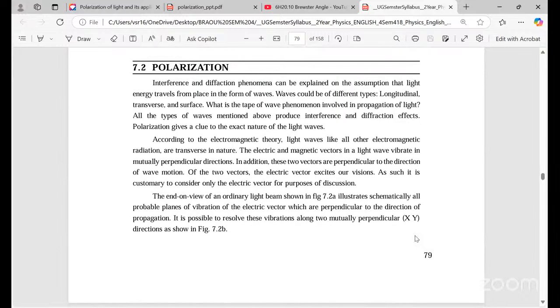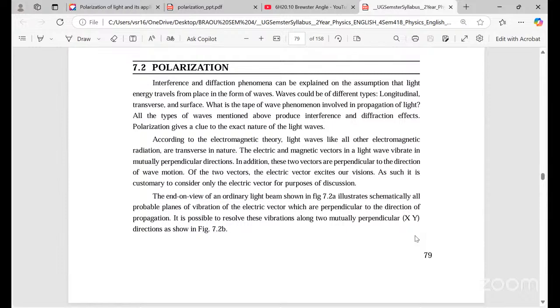So here, what do we mean by polarization? In interference and diffraction, which you know pretty well, the phenomena may be explained by using the assumption of light as energy travelling from place to place in the form of waves. Waves can be of different types: one is longitudinal, another is transverse, and the other is surface.